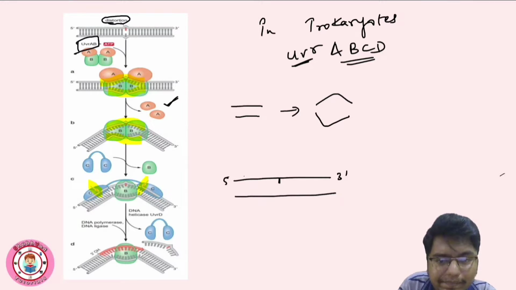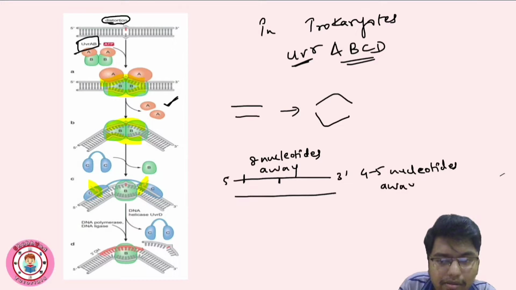The 5' cut is made 8 nucleotides away from the lesion, and the 3' cut is made 4 to 5 nucleotides away. So specific cuts are made.